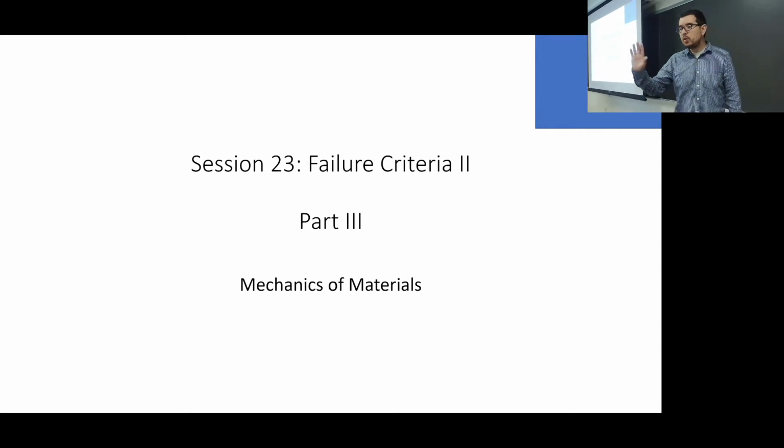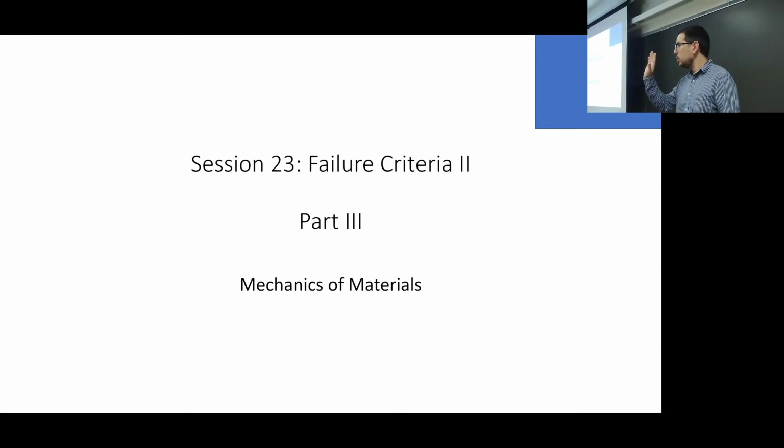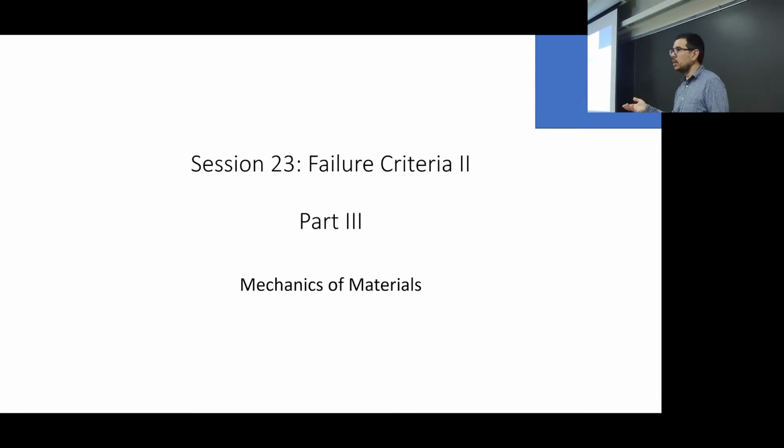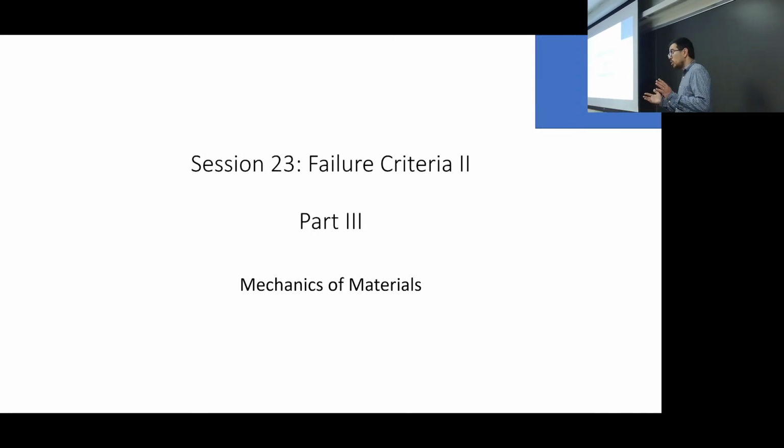We've now covered 2 criteria for handling brittle materials. What are they? Maximum normal stress and Mohr's criterion. We've covered one criterion for maximum shear stress in ductile materials. We're now going to introduce a second, and we already foreshadowed that this is going to be based on distortion.